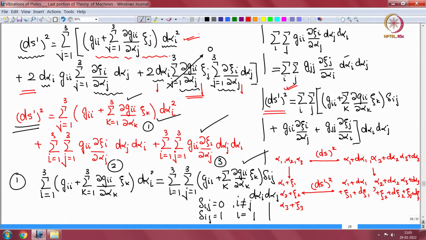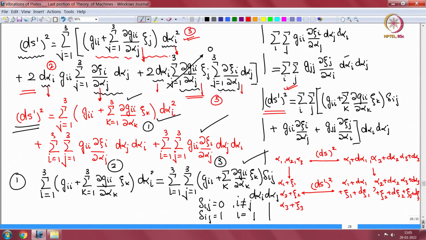So I would like to clarify that here also this is a change, and there are two differentials here, whereas this is a differential change and this is a differential change. There are only two differential changes here, whereas there are indeed three here and three here.